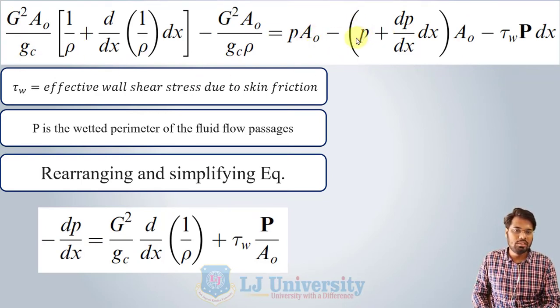P into AO positive minus P into AO negative will cancel out. The simplified form would be minus dP by dx is equal to G square by gc d by dx of 1 upon rho plus tau W P upon AO. Just by opening the bracket, we get this simplified equation.